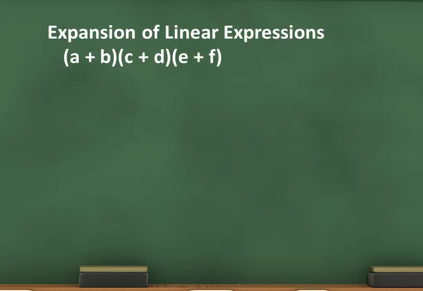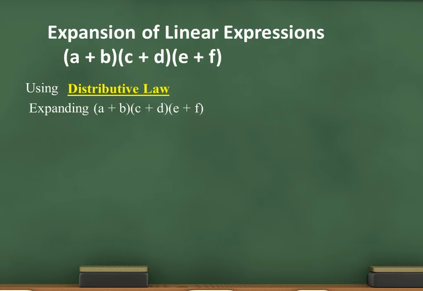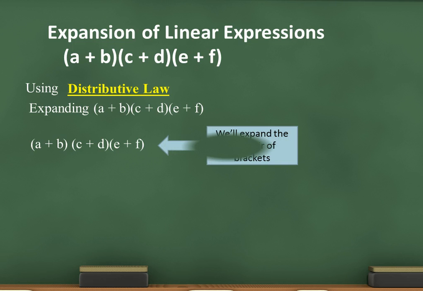Now that we have done that complex example, let's move on to the second one. We're going to have three brackets. Again, we're going to use the distributive law, so do give it a try yourself and see what you can get. Okay, let's compare answers. We're going to expand the brackets pair by pair.